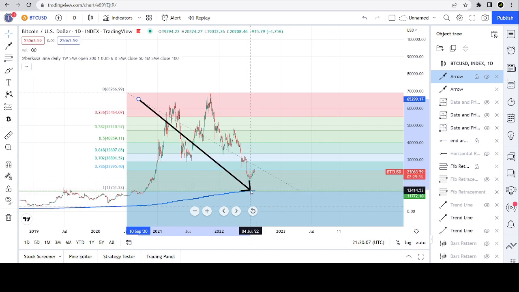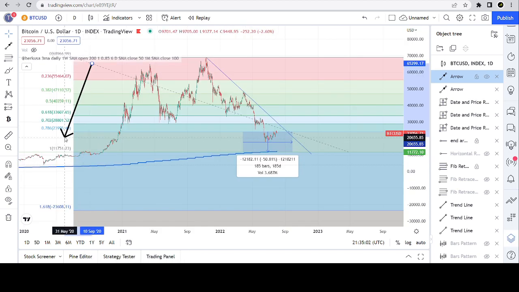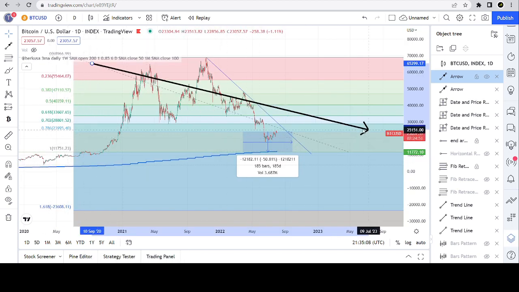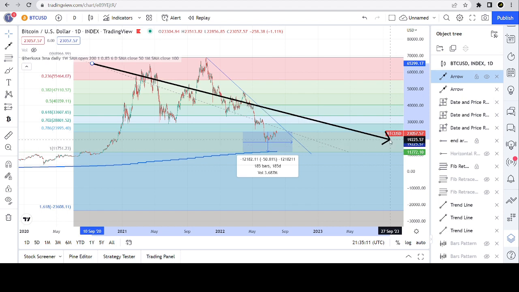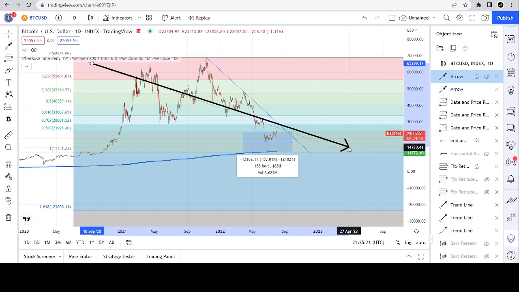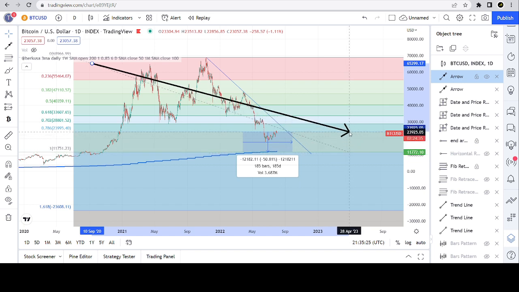I believe this is the moving average to keep an eye on. So if we say that this is the bottom, that bottom would be where Bitcoin would find a capitulation point, $11,772, around there. It would then do a bounce, and when it returns from that bounce, there is a chance that it can go a little bit below that.